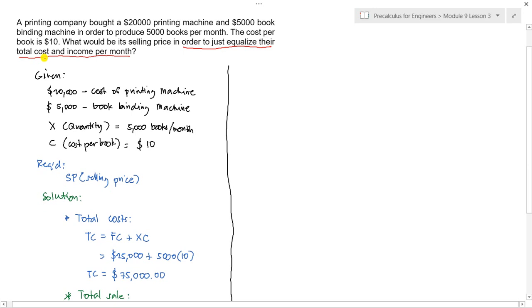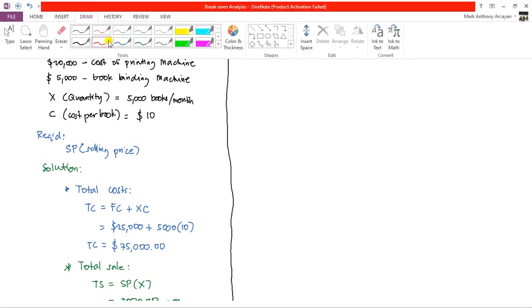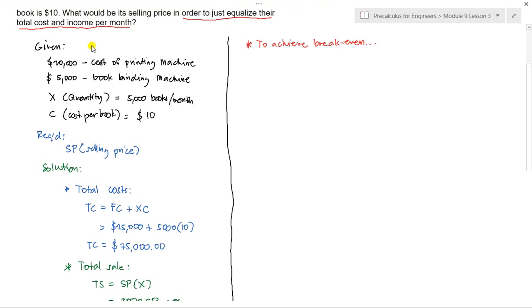Meaning, what they spend is equal to what they earn. So therefore, they have no profit, they have no loss. That means break even. So to break even in this situation, the condition is that the total cost is just equal to the total sale.